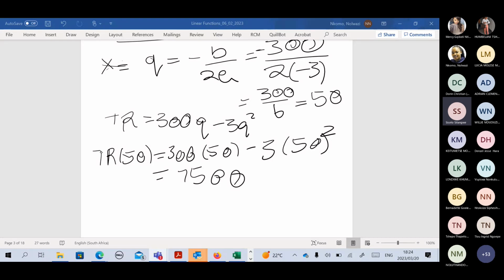But where you say TR in bracket 50 equal to 300 in bracket 50 minus 3 in bracket 50 squared, when I check on the book, I'm not sure if that 50 next to TR should be there, or did you put it there on purpose?